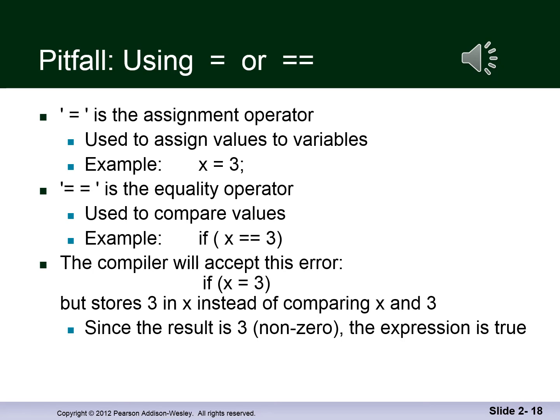However, the compiler accepts the error of using the assignment operator in an expression instead of the equality operator. But it stores 3. It changes the value of x to 3. And since the result is 3, which is a non-zero, the expression being evaluated is true. So be careful with this.